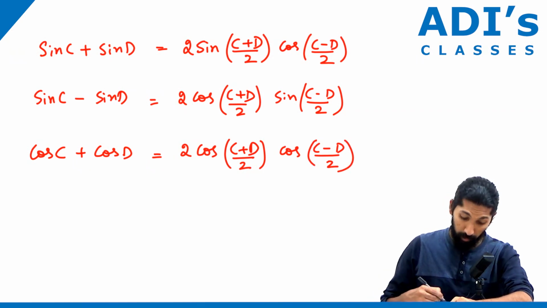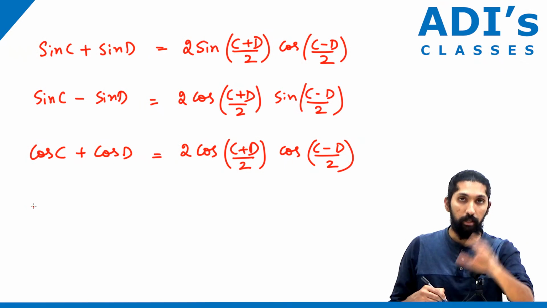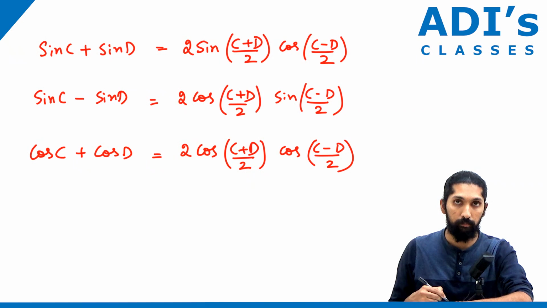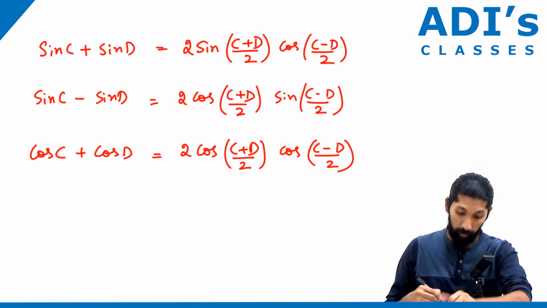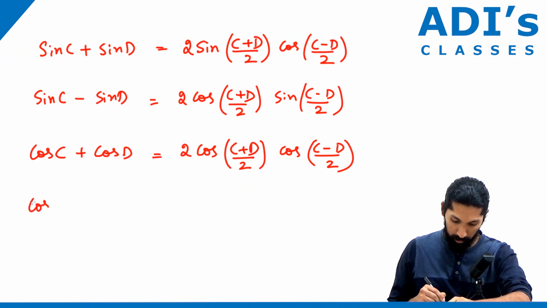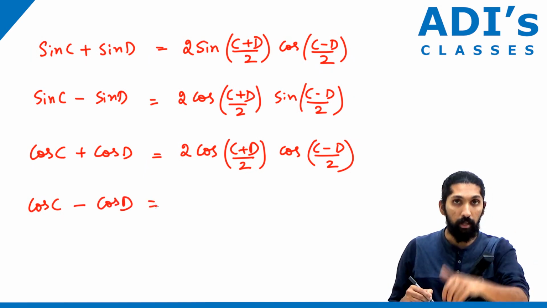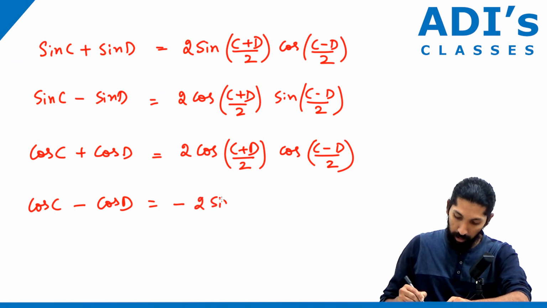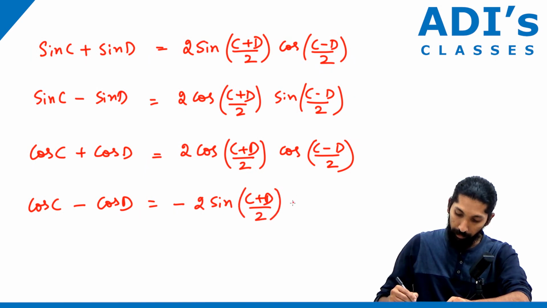And the last one: you can write minus of cos C minus cos D, or just cos C minus cos D, taking the negative sign to the other side: minus 2 sine (C plus D) by 2 into sine (C minus D) divided by 2.